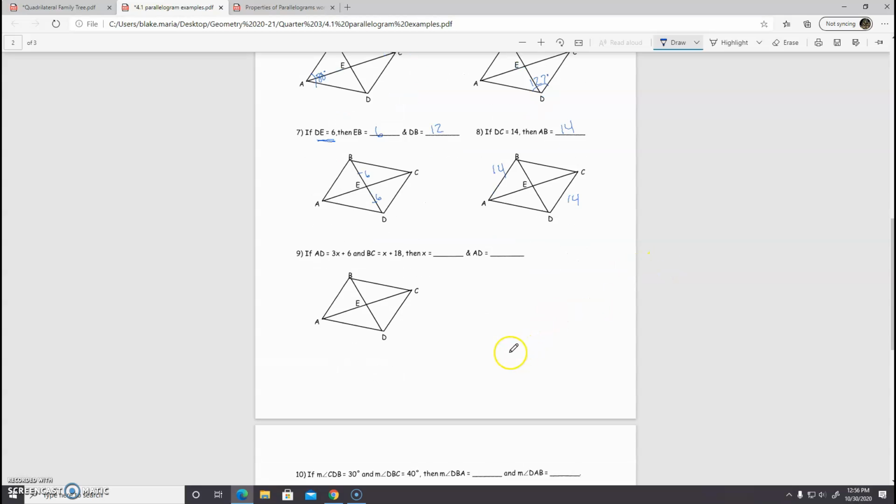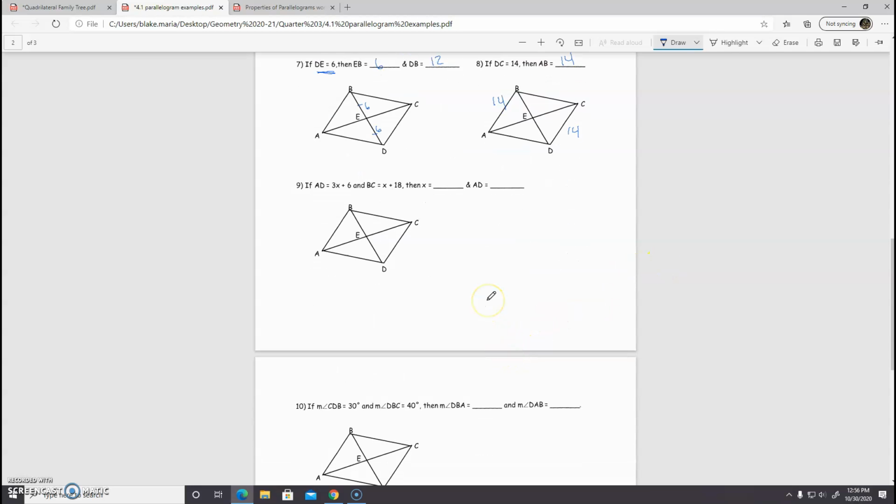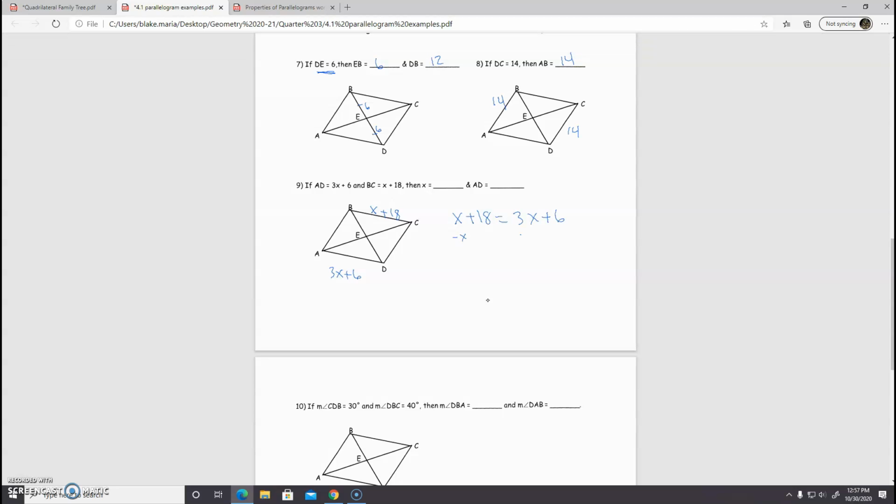Let's go ahead and do number 9. AD is 3x plus 6 and BC is x plus 18. These are opposite sides, and we know opposite sides are equal. Set them equal. Let's subtract x from both sides.